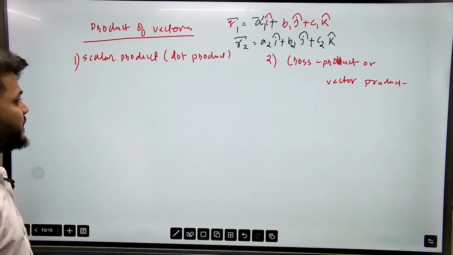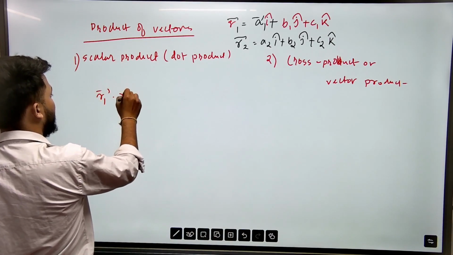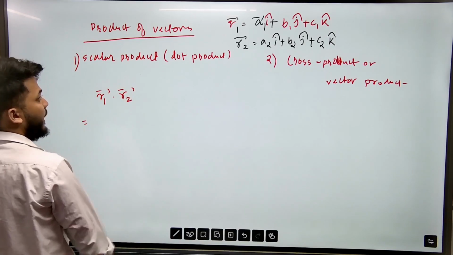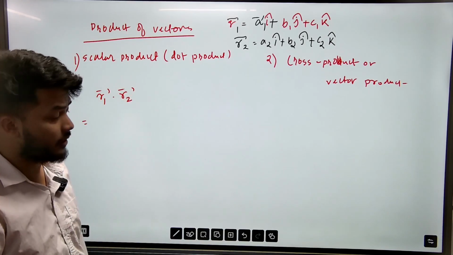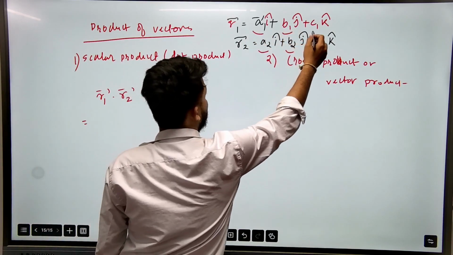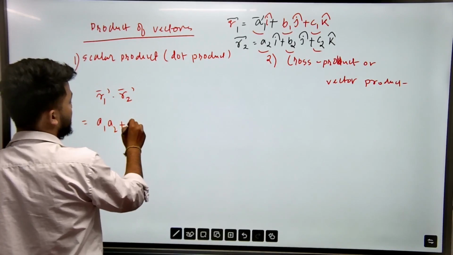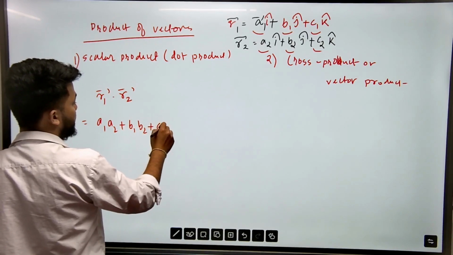If we do the scalar product of these two vectors, that is R1 dot R2, we will get a scalar product. What does that mean? Scalar product means all the respective quantities are multiplied with each other. That is A1A2 plus B1B2 plus C1C2.